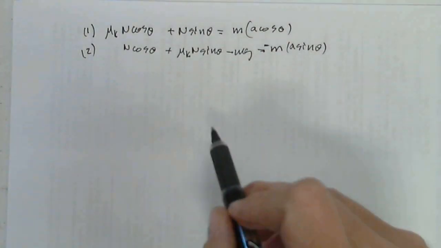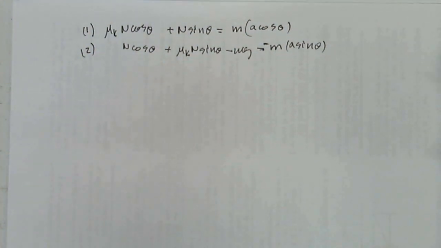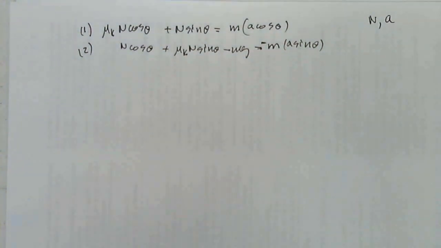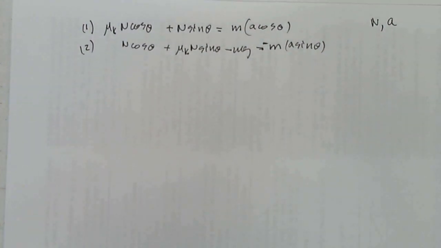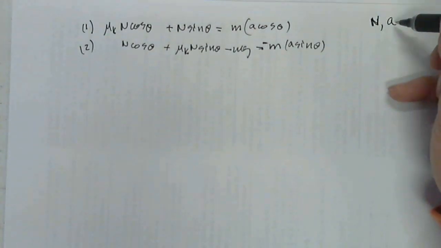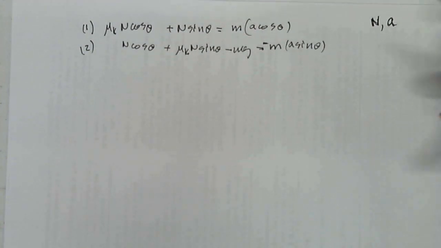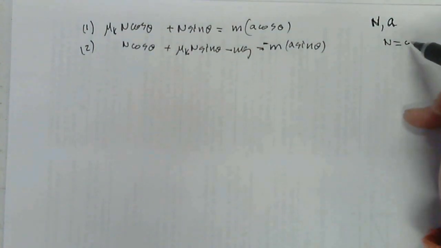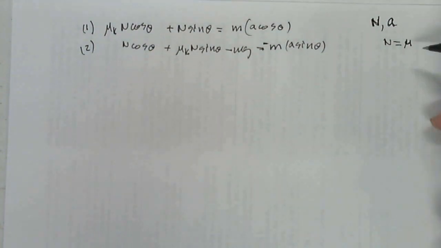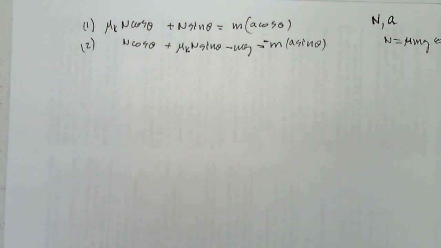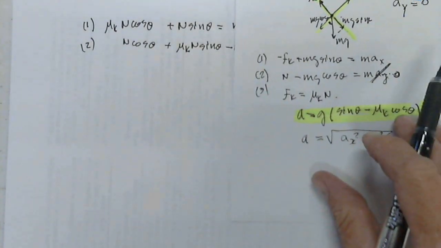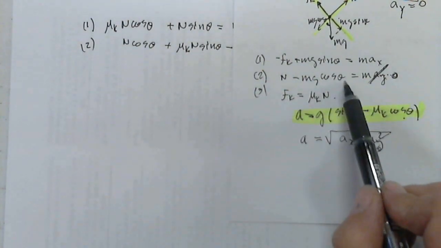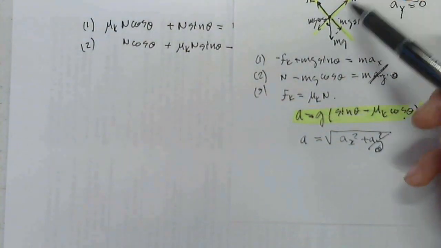So I wrote the equations over here again. Now we got a system of two equations, two unknowns, and also the normal force. The magnitude of the normal force is independent of the choice of your axis. So yesterday we got that the normal force is mg cosine of the angle, which is the equation that we got when you choose the axis in this way.